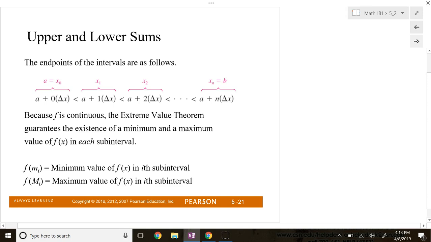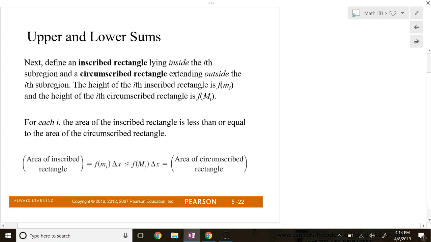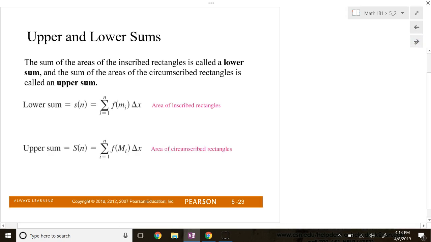We would have a minimum value, our lower sum, if we have those rectangles below it. We could have a maximum value if we are above it, depending on whether we use inscribed rectangles or circumscribed rectangles, in other words, over-approximation rectangles. But that area is somewhere in there.